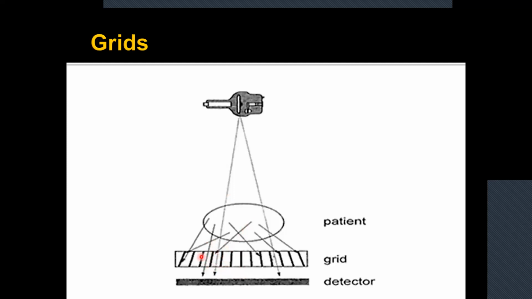What that means is that the grid is going to absorb that energy and it's not going to get to the detector. Unless the energy is traveling directly from the X-ray tube, passing through the patient and then through the grid, it won't get to the detector. All of these random rays that come off of the patient, because of stuff like the scatter and the photoelectric effect, are not going to hit the detector and won't affect your image quality.